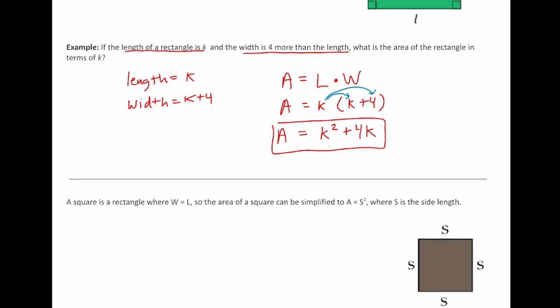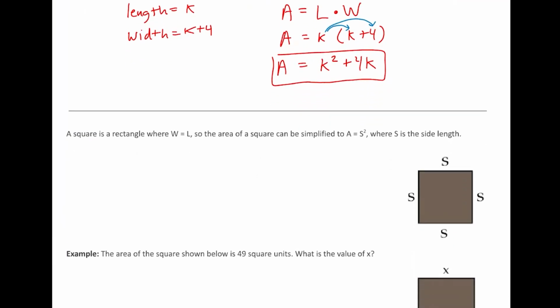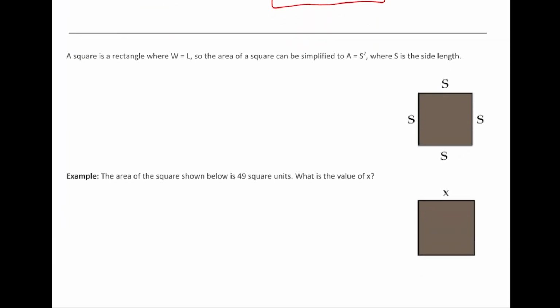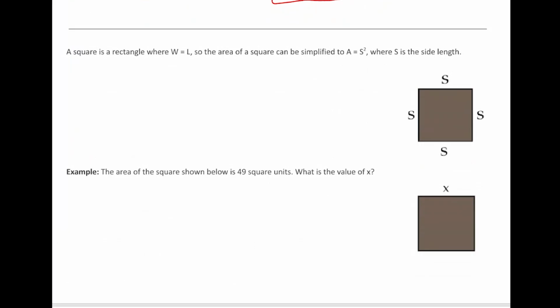A couple more square problems down here, really just one. Just like with the perimeter, this goes over what a square is in relation to a rectangle. It is a rectangle, but a special rectangle where all the side lengths are congruent. If we want to find the area here, you can think of the area as length times width, which in this case would be s times s, if the side length is s.